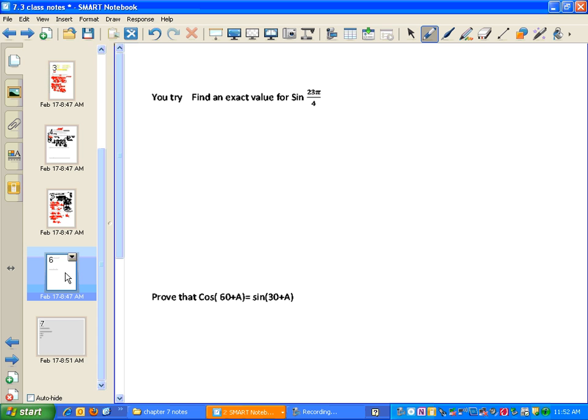All right, and so to find an exact value for sine of 23 pi over 4, we could say that that's the sine of 5 pi plus 3 pi over 4.